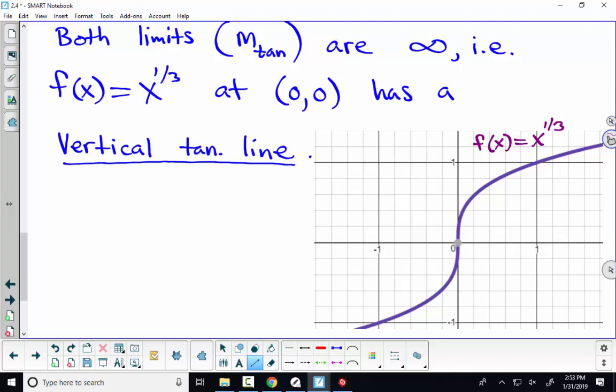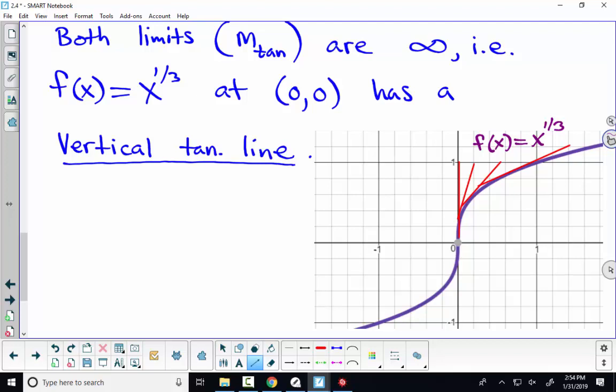Remember, in the sense of a tangent line, we're just touching at a point. So if this is a tangent line touching at that point, and then maybe we have a tangent line here, and then a tangent line here, and a tangent line here. So we see those tangent lines, they all have a positive slope, but they're getting more and more vertical as we approach the point along the function at the origin.